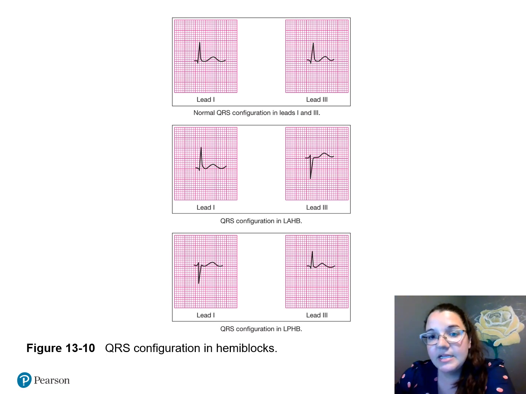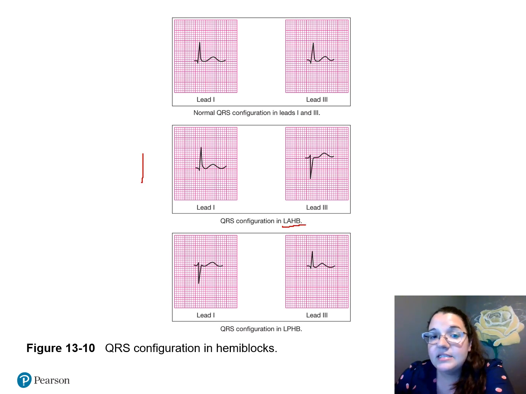No, I'm not. And look down here. Look what happened to lead 1. I'm negative. Can I be negative in lead 1? No, only AVR and V1 and V2, not lead 1. So if I have a positive QRS in lead 1, but a negative QRS in lead 3, I am a LAHB.